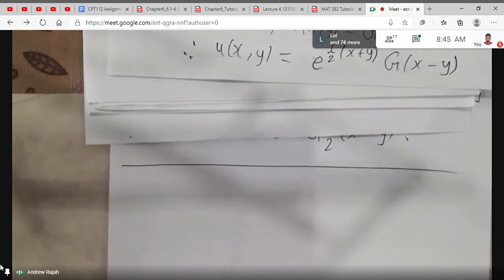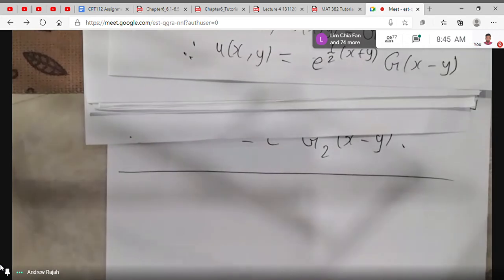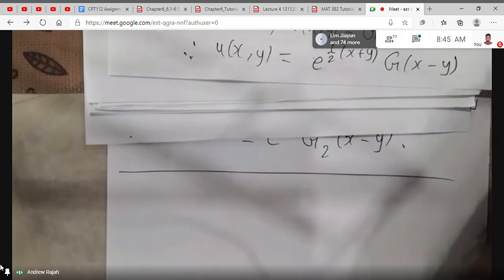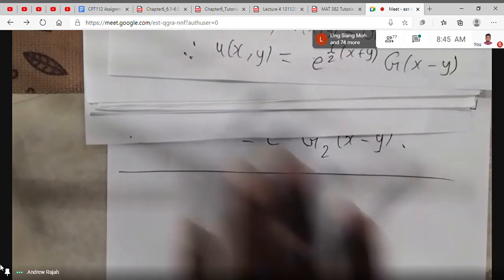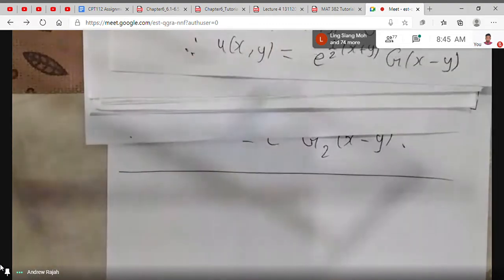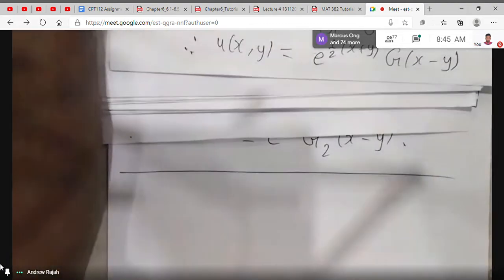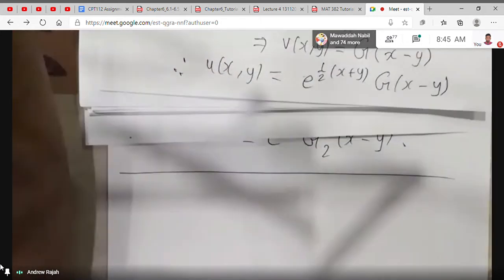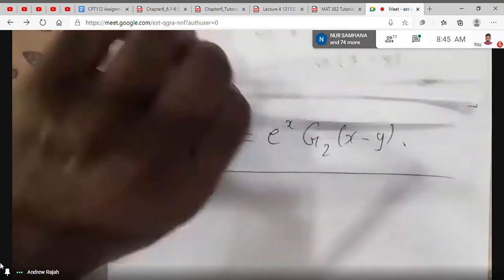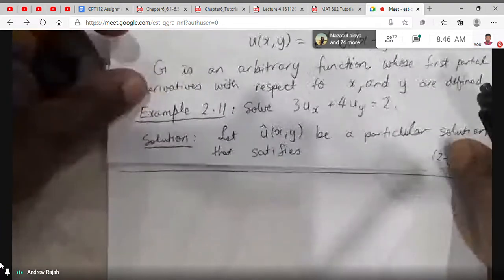So that's example 2.10. Example 2.11. Okay, so can I go on to example 2.11?